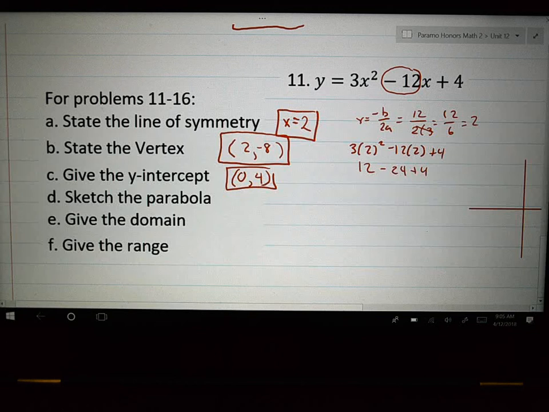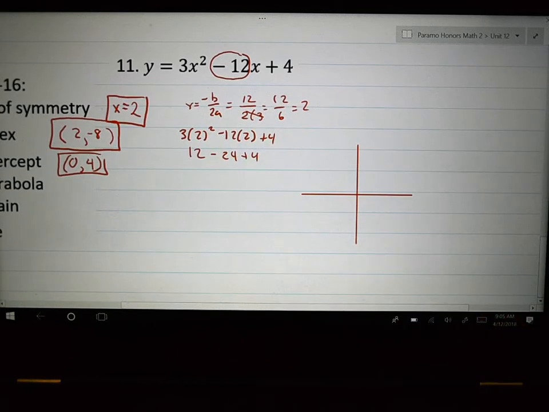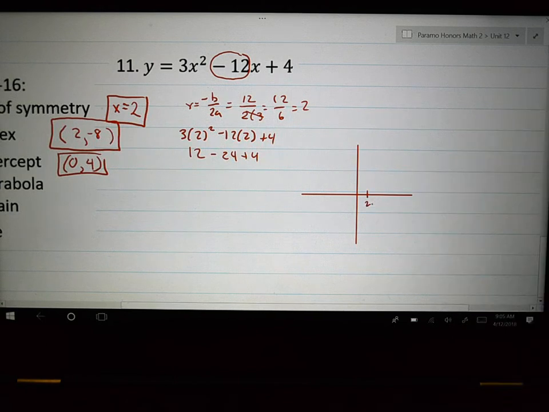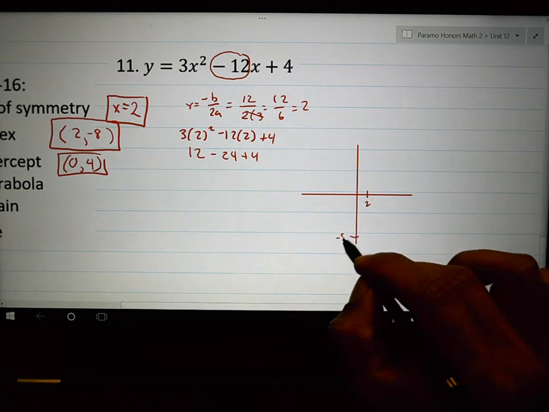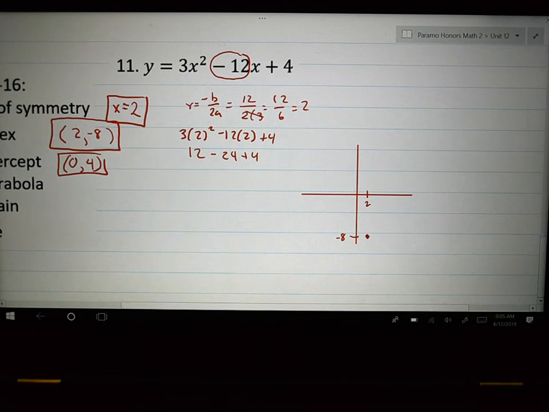Write it as an ordered pair. Sketch the parabola. So I'm going to go over here. I'm going to go to 2, counting by 2's, and -8, counting by 8. I know it's down here. Does this parabola open up or down? Is it wide or narrow or normal?